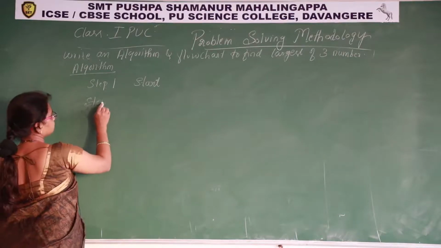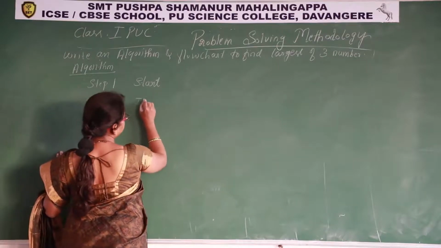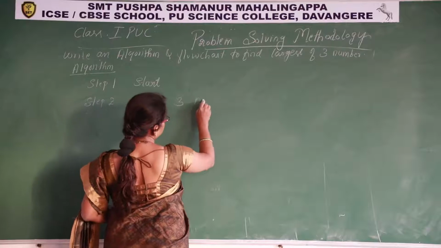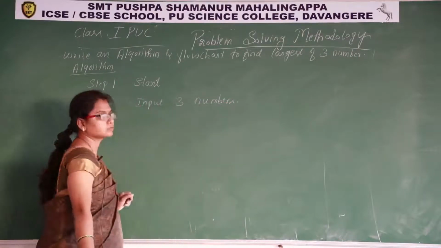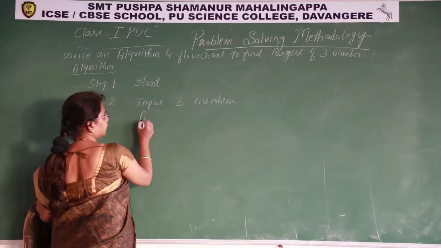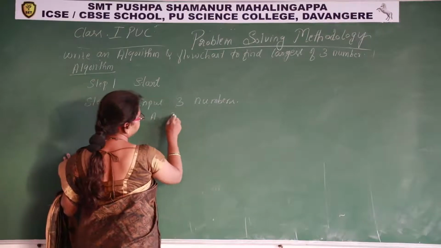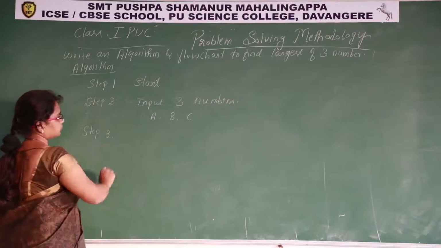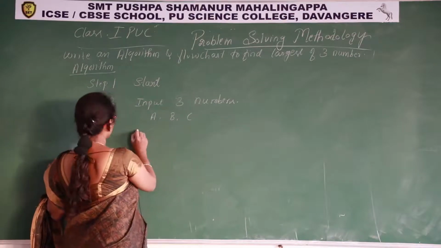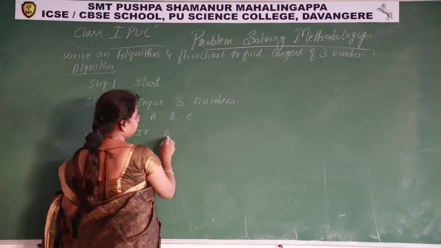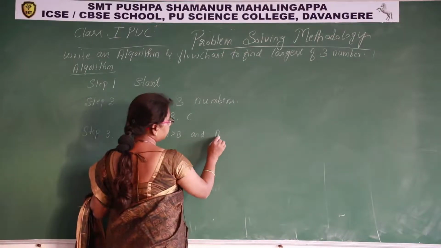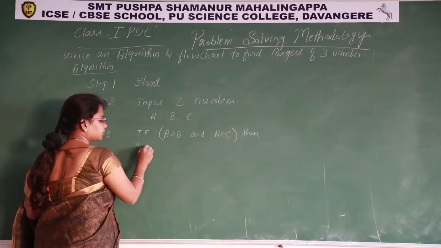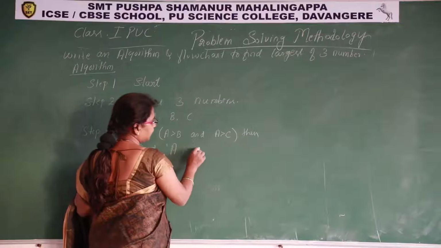Step 2, input three numbers A, B, C. Step 3, if A greater than B and A greater than C, then print A is the largest.